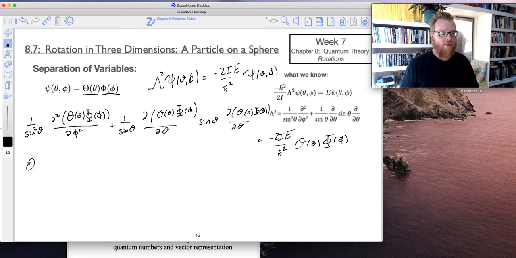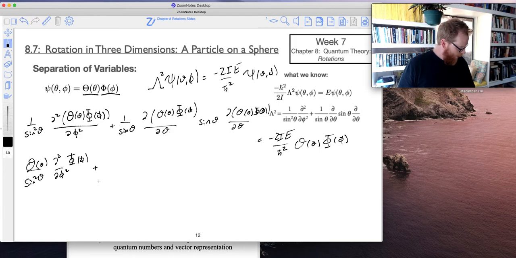So I'm going to write that out here, divided by sine squared of theta, and then my partial derivative in phi of just phi.